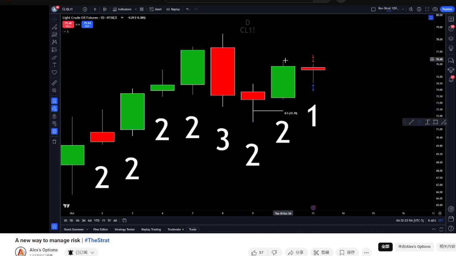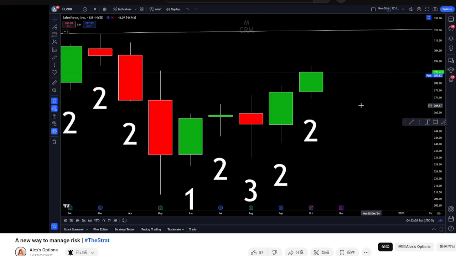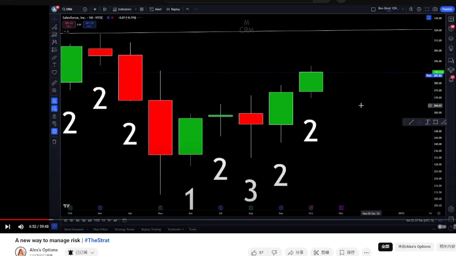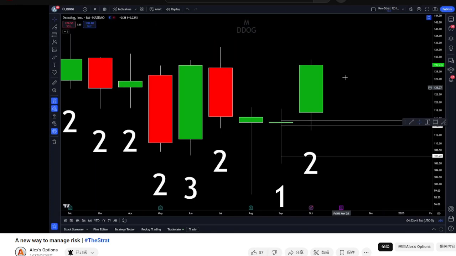So when it comes to swing trading, I think this makes it a lot simpler for people, because it's going to allow you to just buy it, hold it, and go do your job. So for example, I believe it's DDOG.